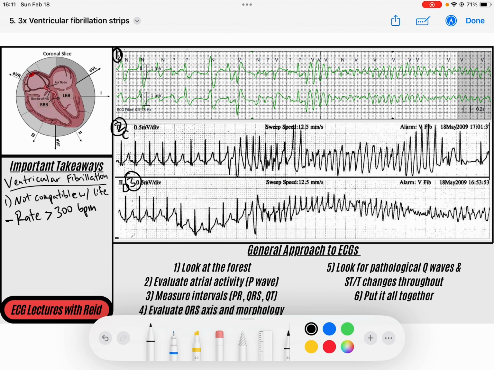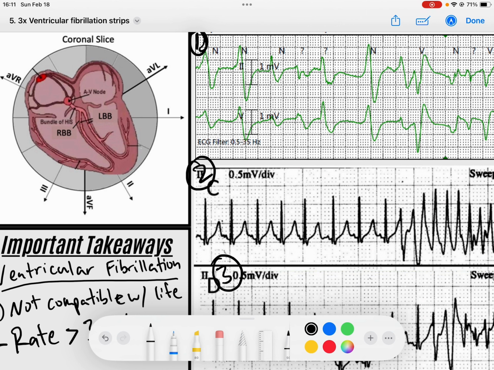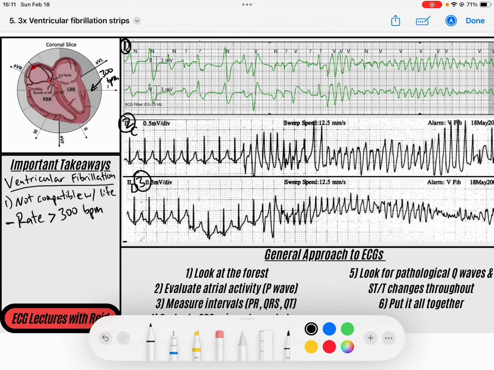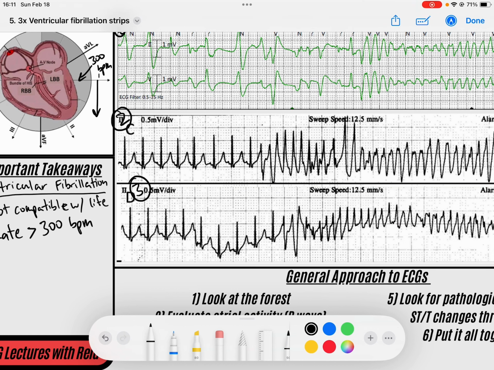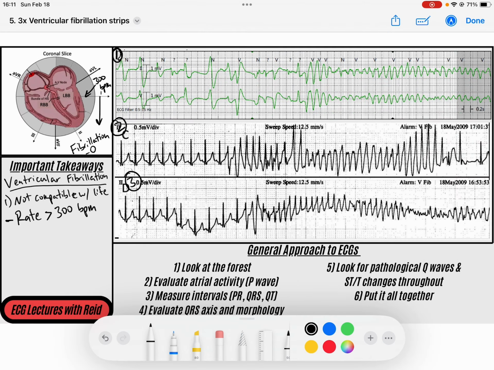And so while sometimes VFib can be an organized rhythm, the rate is so fast that if the ventricles are squeezing at a rate of 300 beats per minute or more, essentially they're going to be fibrillating. That rate is going to essentially create a fibrillation, right? It's just going to be quivering, right? Kind of think of it like a quiver, where it's not going to be able to be effectively squeezing.